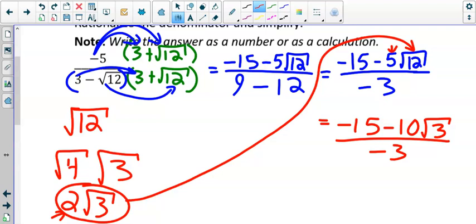One thing you could do, since the bottom is negative, remember that we can take negatives and move them to different places. So another answer that's valid would be negative 15 like this over a positive 3. Or we could take that negative and move it up top.